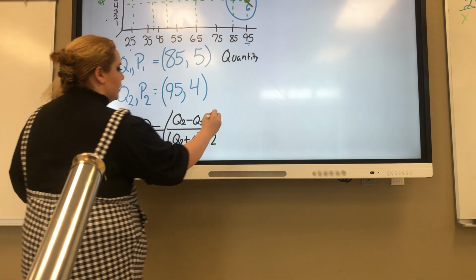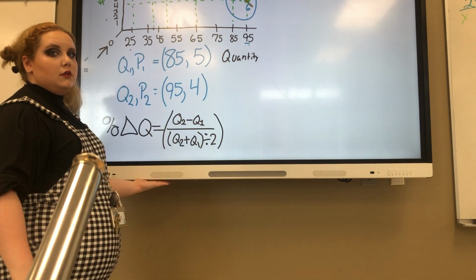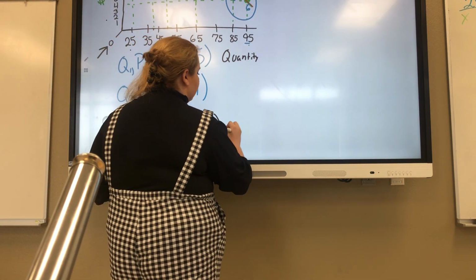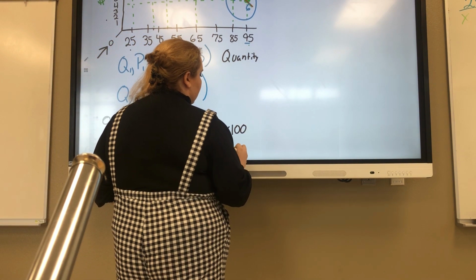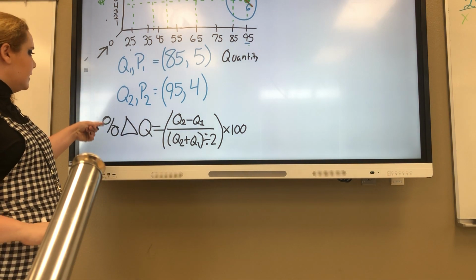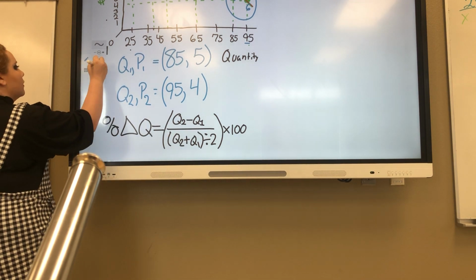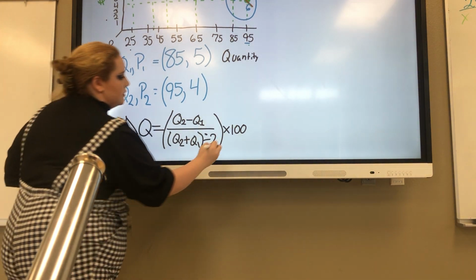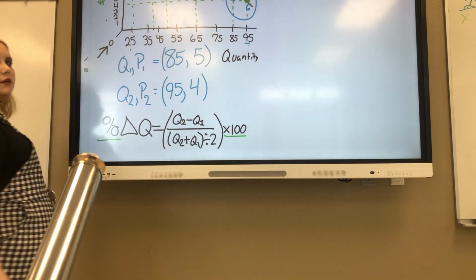That looks gross. All of this is going to make a decimal. That decimal you need to multiply by 100 in order to get the percentage, because that's what we want. We want the percent. So you have to multiply by 100 to get that percent.